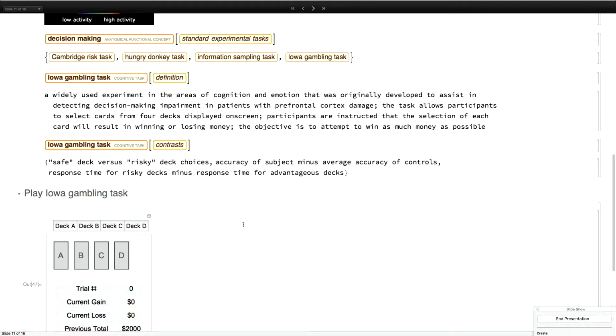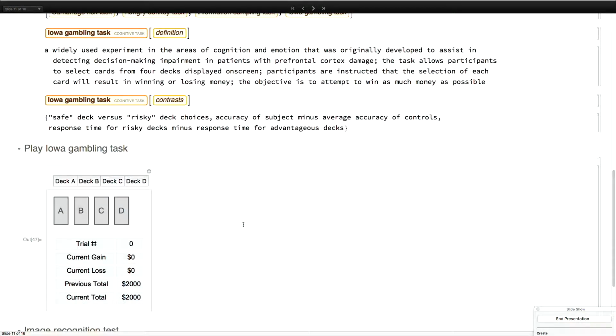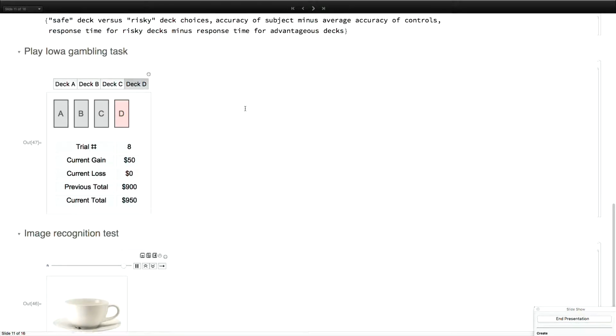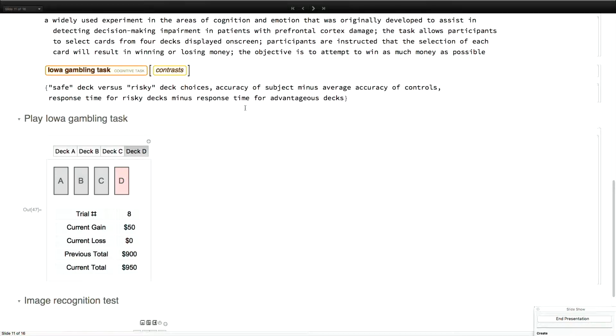And of course, you can use our interface functionality to build your own task set just for some fun. This is our gambling task to measure decision making, or an image recognition test to assess visual object recognition ability. But these are just some examples to assess cognitive ability.